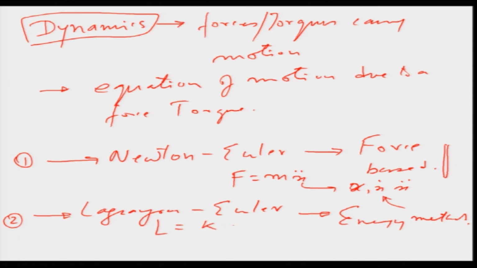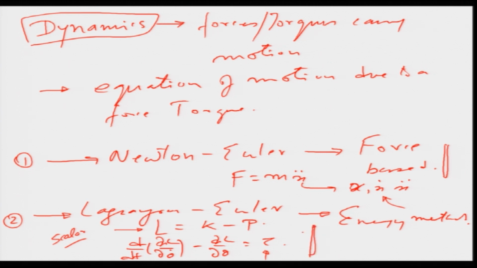So, we have kinetic energy minus potential energy, the Lagrangian L, and then it puts it into the equation d/dt of dL/d theta dot minus dL/d theta is equal to tau, to get the torques acting at the joint. Essentially, this is an energy method in which we define a scalar function, the Lagrangian, and then use it to find the torques acting at the joints. So, these two methods we will be looking at. First we will be looking at the Lagrangian-Euler method to find the torques acting.